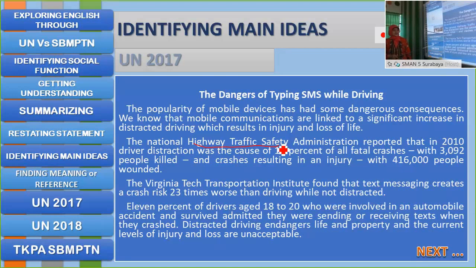So driving while typing has the risk of 23 times. Risikonya 23 kali lebih buruk daripada berkendara tanpa gangguan. The distraction is actually caused by the driver itself.